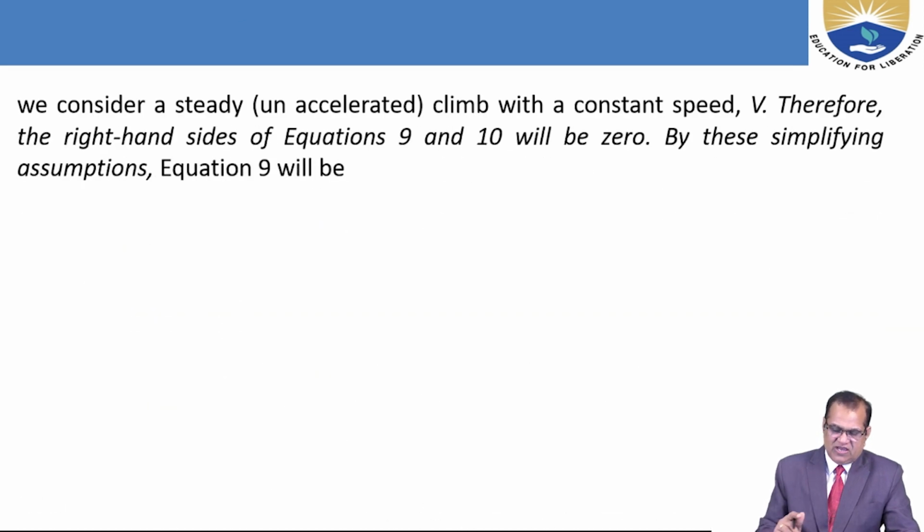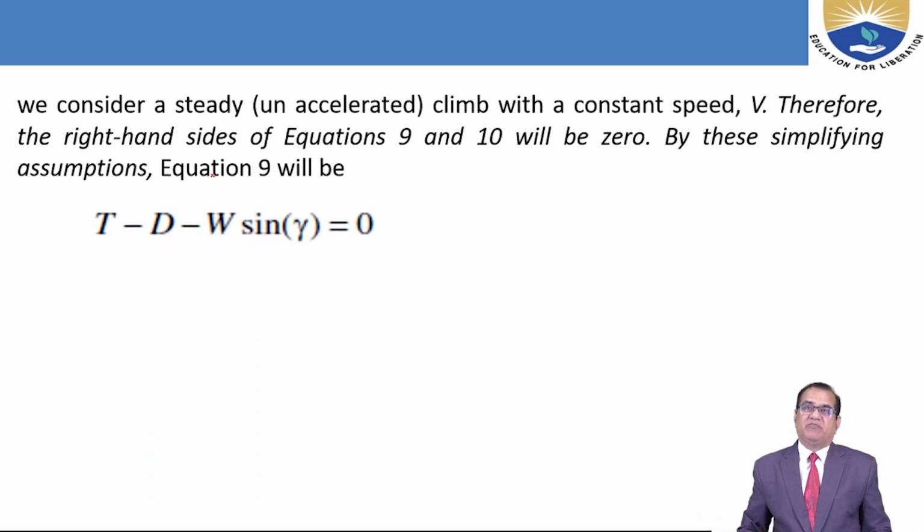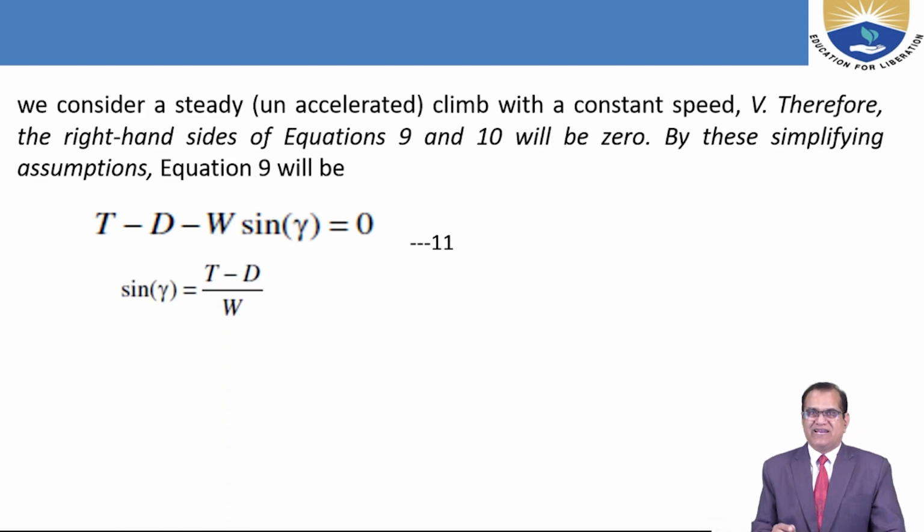Then we consider a steady unaccelerated climb with a constant speed V. Therefore, the right hand side of equations 9 and 10 will be 0. By these simplifying assumptions, equation 9 will be T minus D minus W sin gamma is equal to 0, or sin gamma is equal to (T minus D) by W.